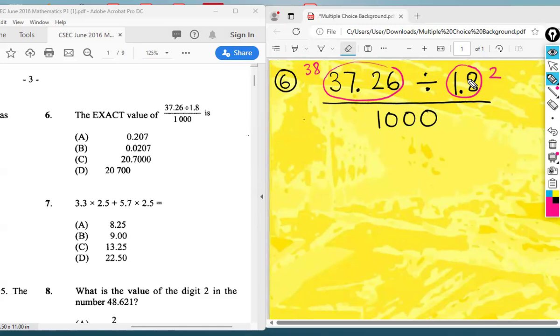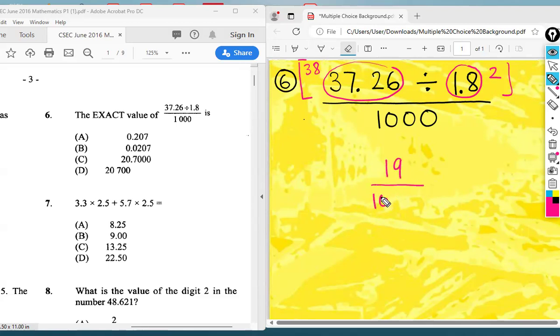You'll see where I'm going with this. 38 divided by 2, I know we could do that in our head. 38 divided by 2 is how much? 19, right? So we could work out the top to have an approximation of what the answer is supposed to be.